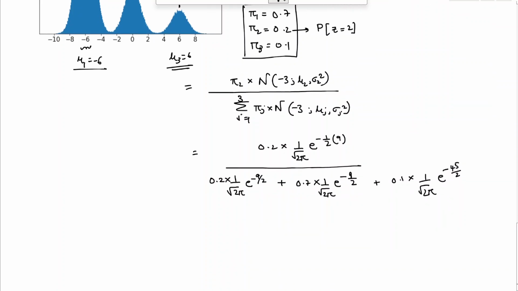Now it's easy to observe that the 1 by under root 2 pi will get cancelled, right? And then we will be left with 0.2 times e to the power minus 4.5 divided by 0.2 times e to the power minus 4.5, plus 0.7 times e to the power minus 4.5, plus 0.1 times e to the power minus 45 by 2.